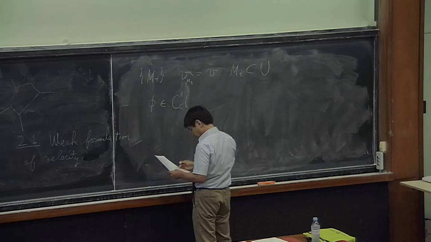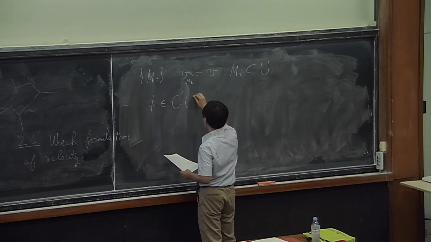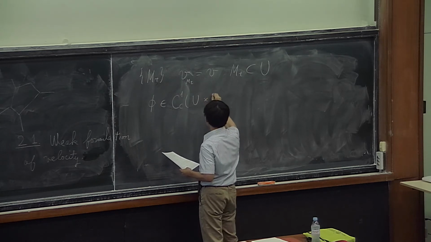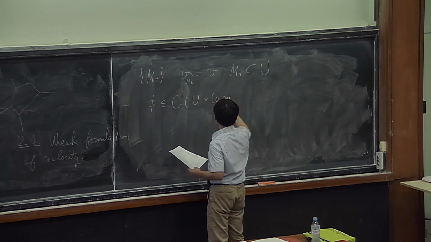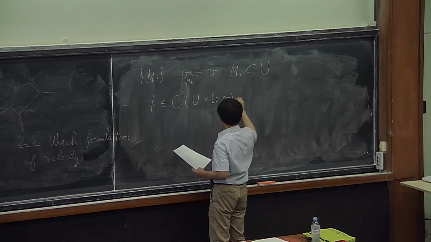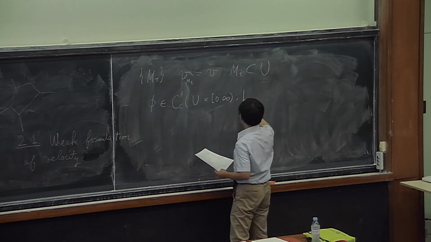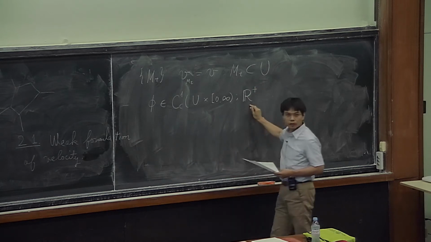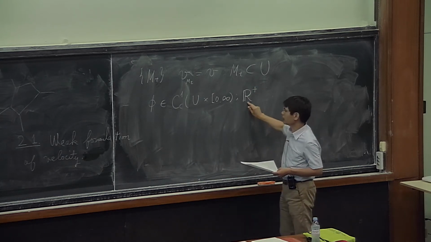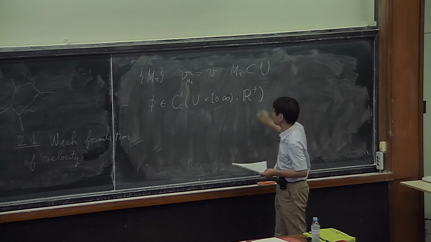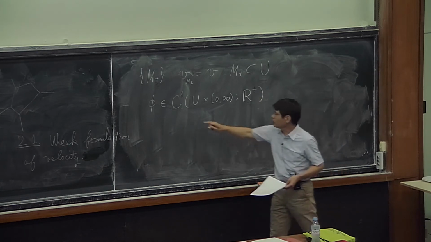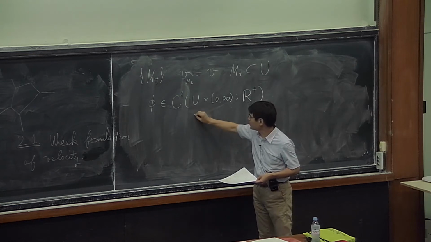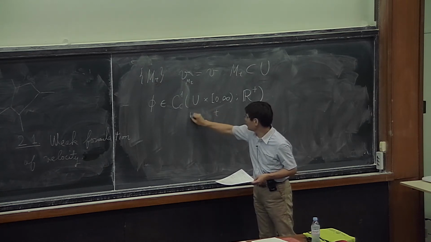Let's assume that phi is a function defined on U, but also taking a time variable, with non-negative values. There's some reason to restrict myself to functions which take non-negative values. And it has compact support in space and time.